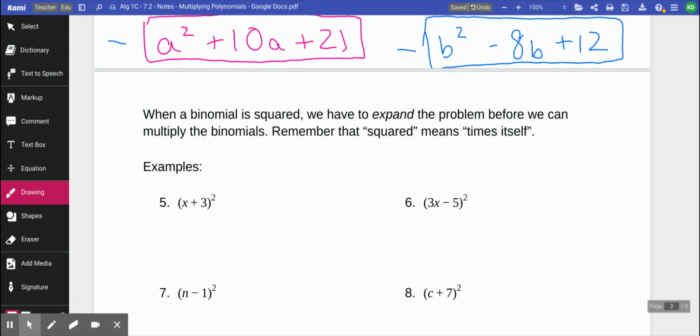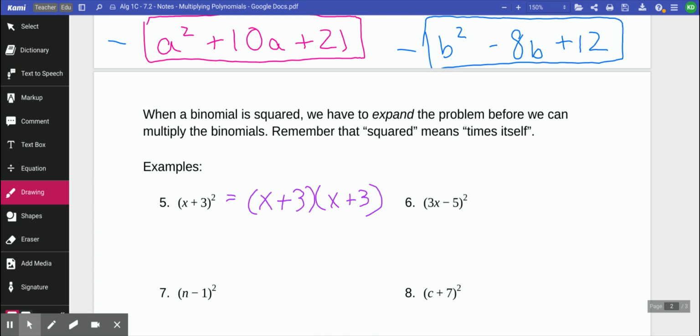Okay, when we have a binomial that is squared, we have to expand before we can multiply. So basically, we just have to make it look like what we just did. So remember, if we square something, it means times itself. So if I see x plus 3 squared, that really means x plus 3 times x plus 3.